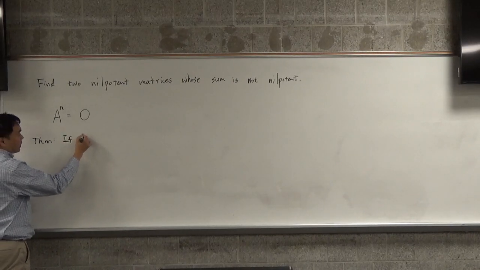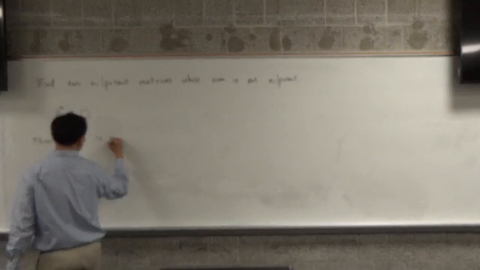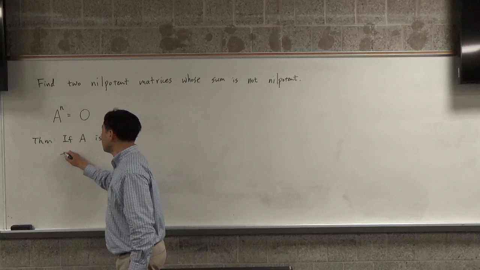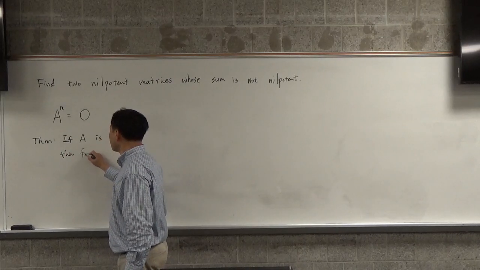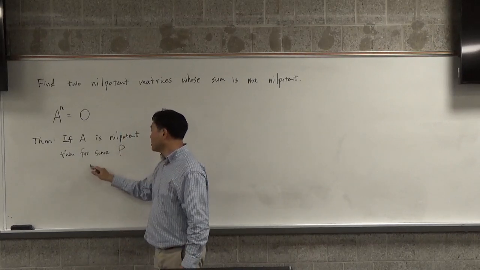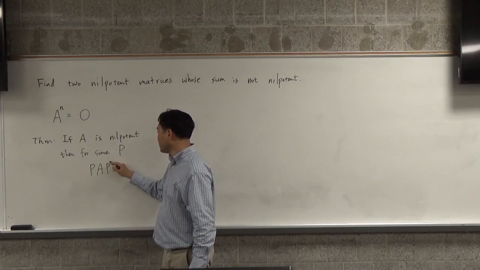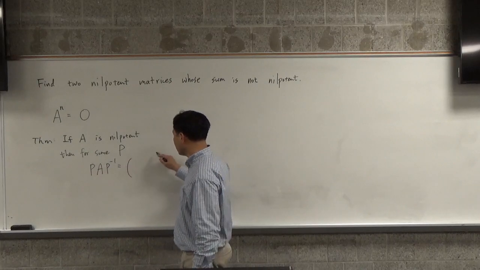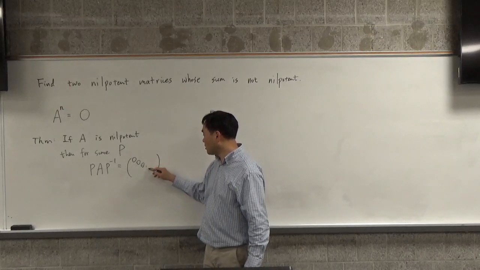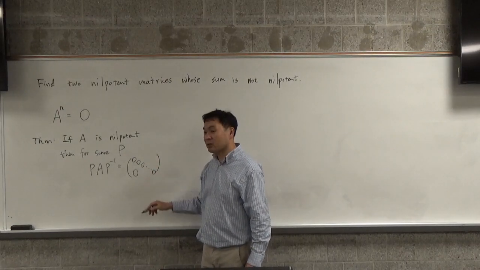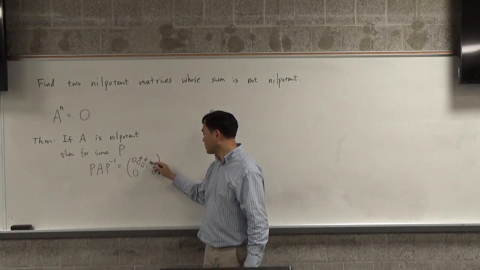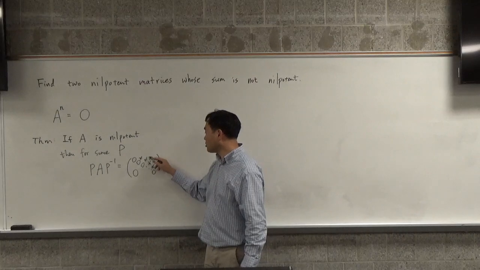If A is nilpotent, then for some P, P inverse A P would be strictly upper triangular, meaning that it is 0 here, 0 here, diagonal entries are 0, 0 in the lower, and then you only get non-zero elements if there are any.